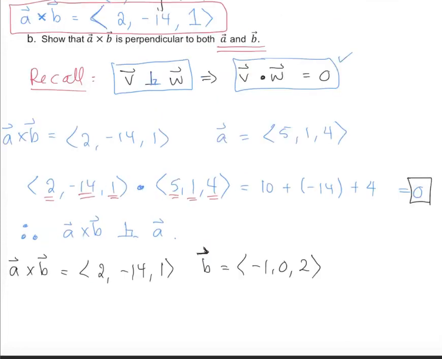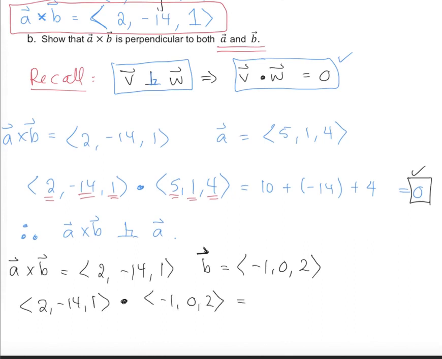Now let's look at A cross B dot product with B. If this dot product is also 0, then we would say that A cross B is perpendicular to B. So again, we're going to look at 2, negative 14, 1, dot, negative 1, 0, 2.